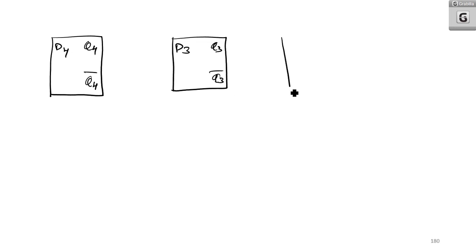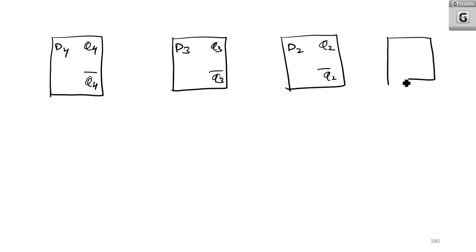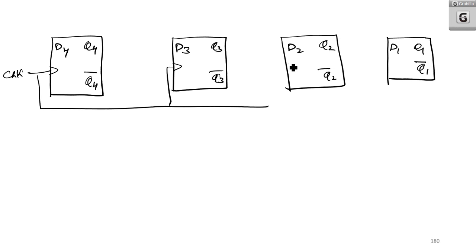Then comes D2, that is Q2 bar. Then comes D1 with Q1 and Q1 bar, and the clock is kept common.